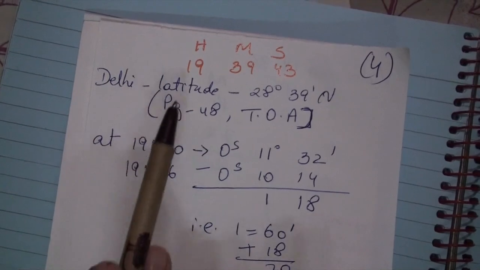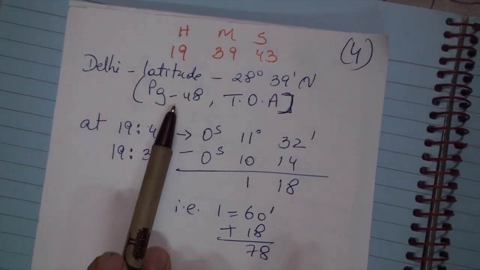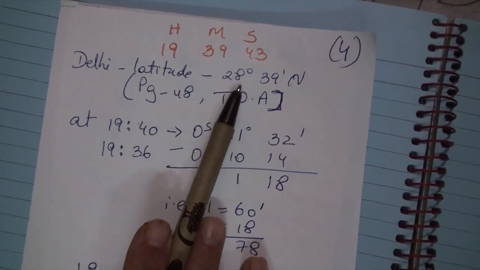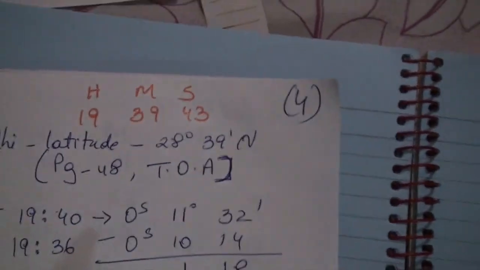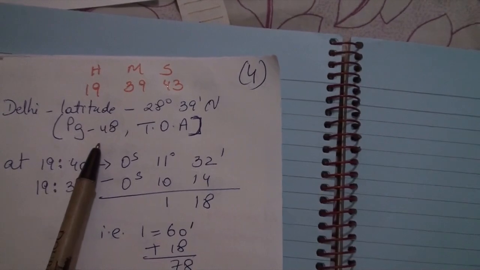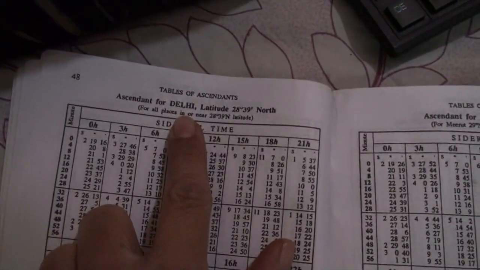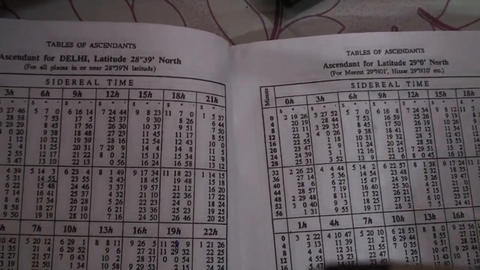Now we require the latitude of Delhi, which is available in table of ascendants. The latitude is 28 degrees 39 minutes north. Now we'll go to page number 48 of table of ascendants, which gives us the values for Delhi. Over here we'll identify the 19 hours column.